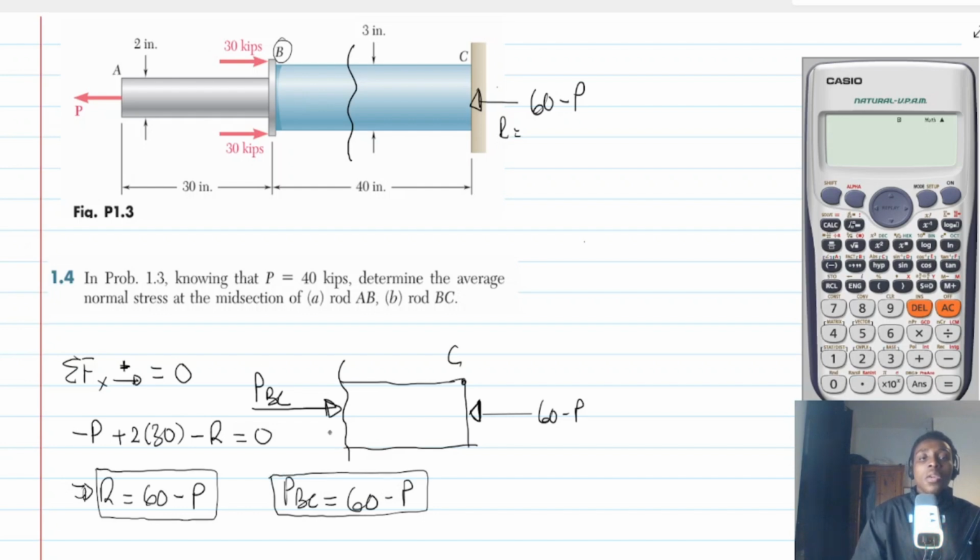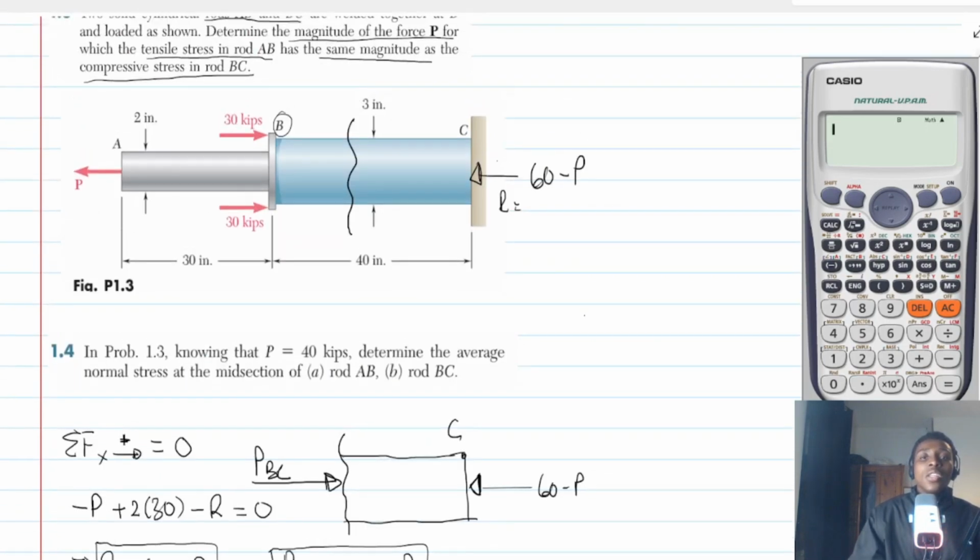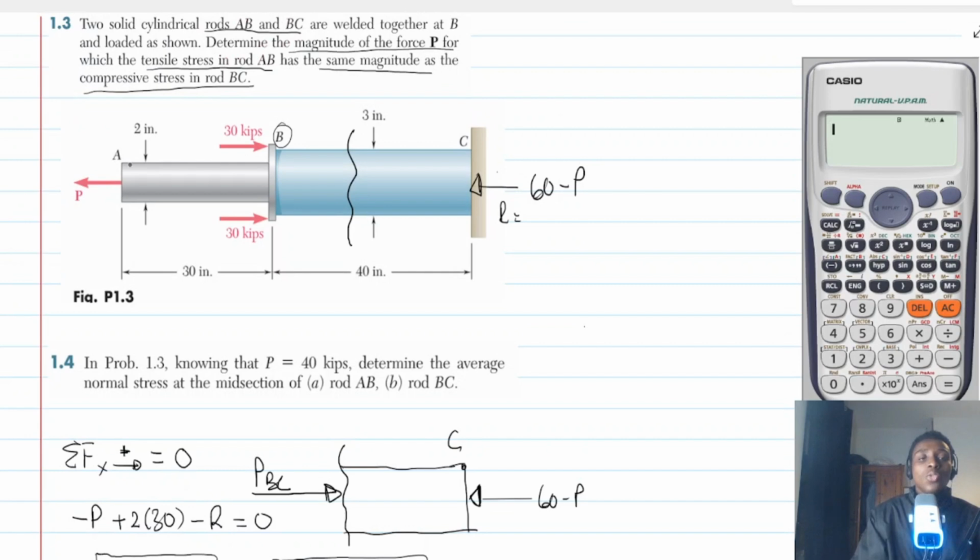Now we are done with the load in BC. Then you will come to AB. Now you take a section here. If you take a section through A and B, you can either use the last part or the entire portion. So maybe let's use the last part here. It's going to be something like this.